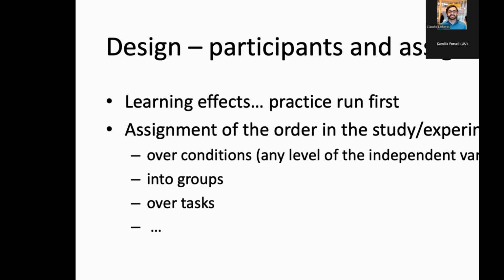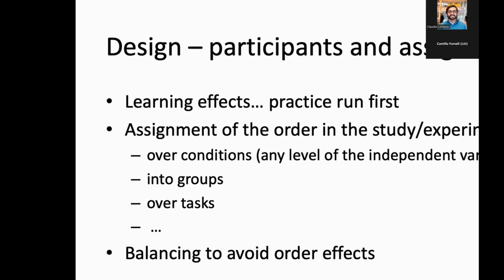And then you also need to think about the assignment of order over different conditions, and that means any level of the independent variable. That can be 2D versus 3D, between groups, over tasks, etc. And you balance to avoid what we call order effects. So I mean, if everyone starts with the first condition followed by the second and followed by the third, what can happen here?